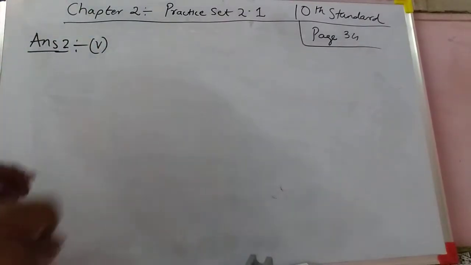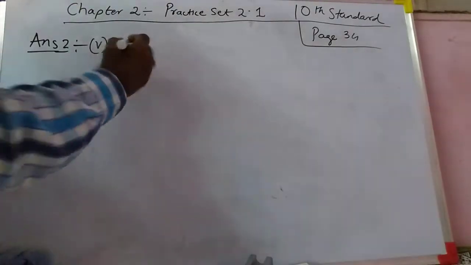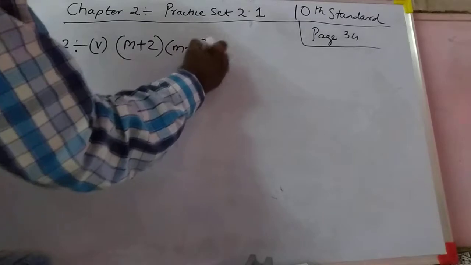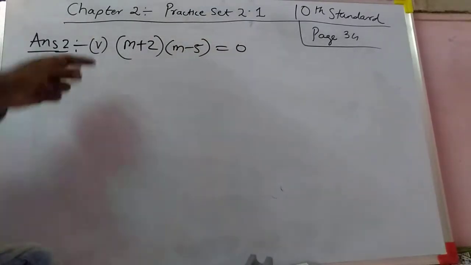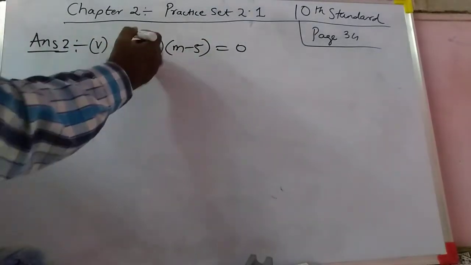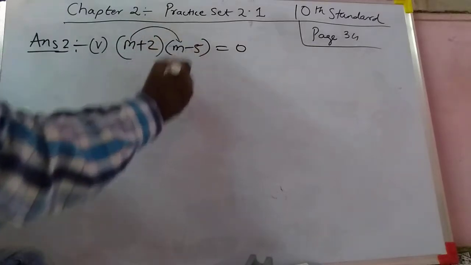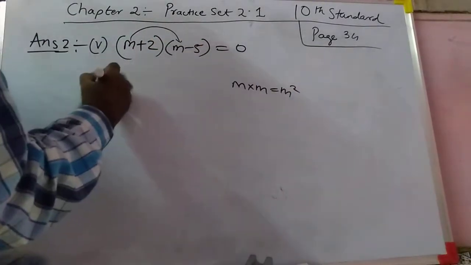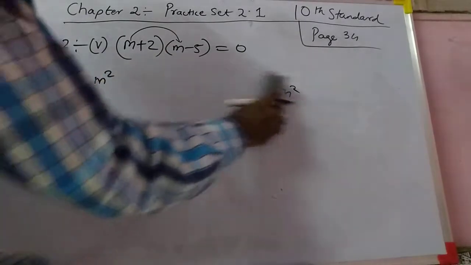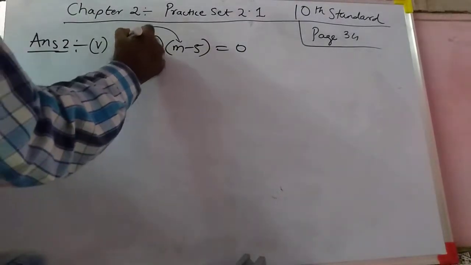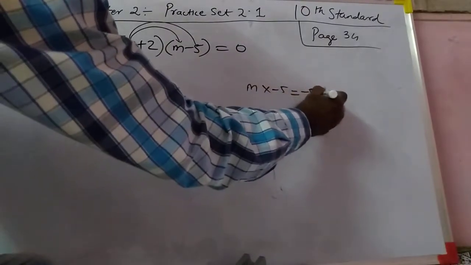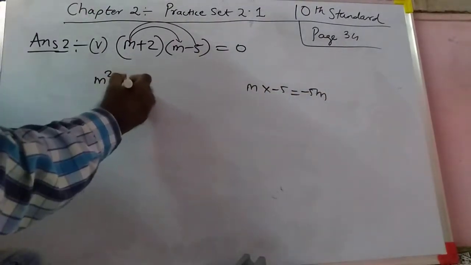And fifth one, स्टैंडर्ड फॉर्म में नहीं दिया है उन्होंने, ऐसे दिया है m plus 2 into m minus 5 is equal to 0 दिया है, तो हम स्टैंडर्ड फॉर्म में लिखेंगे पहले. तो फर्स्ट multiply this m into m square, then m into minus 5, minus 5m.